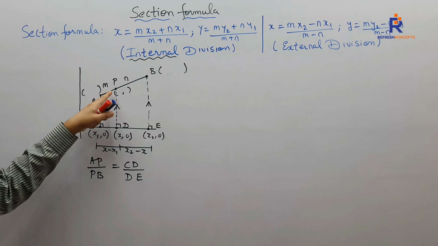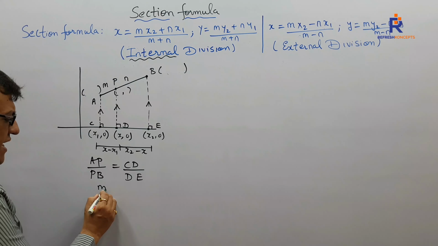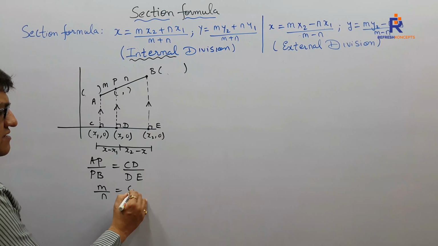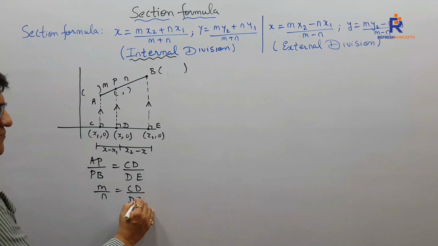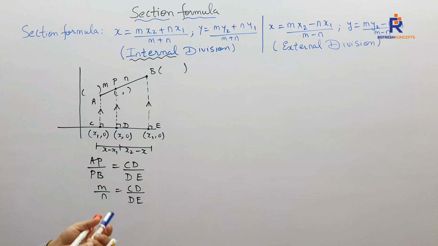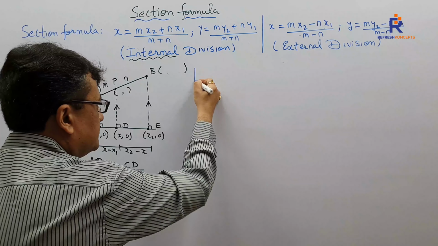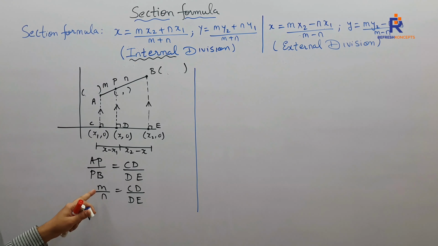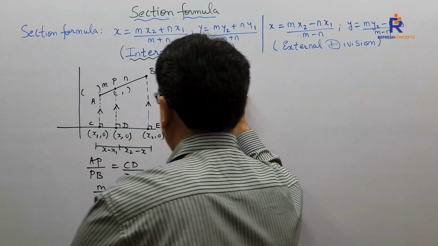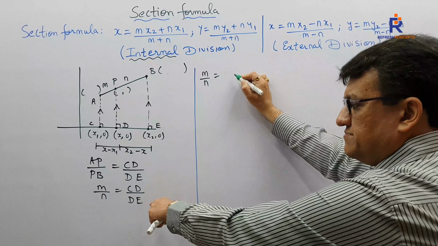But what is AP by PB, children? Is it m by n? So can I say m by n is nothing but CD by DE? Yes. Let's take the values. M by n is CD by DE. How much is CD, children?